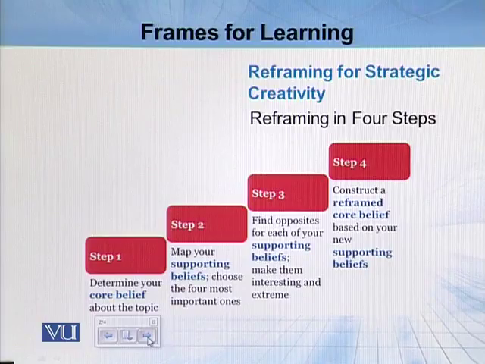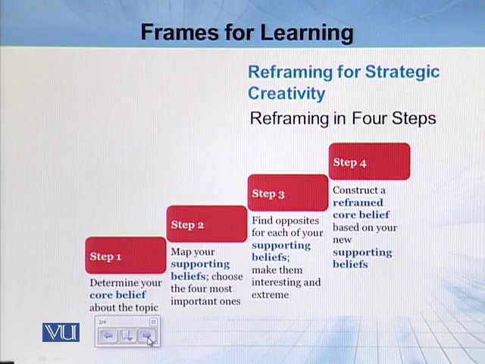So the first two steps are complementary here. We have the core belief and the supporting belief. From this, you need to take the third step. The third step is where you begin to question your core belief and your supporting beliefs.